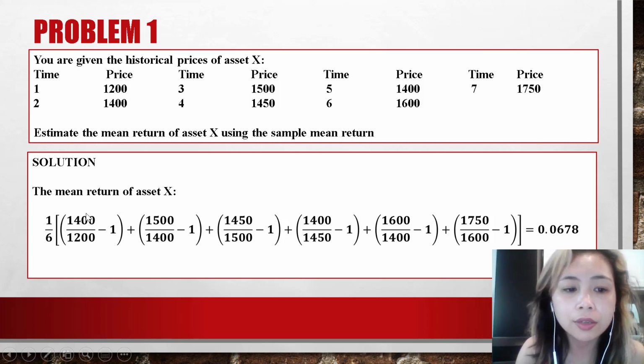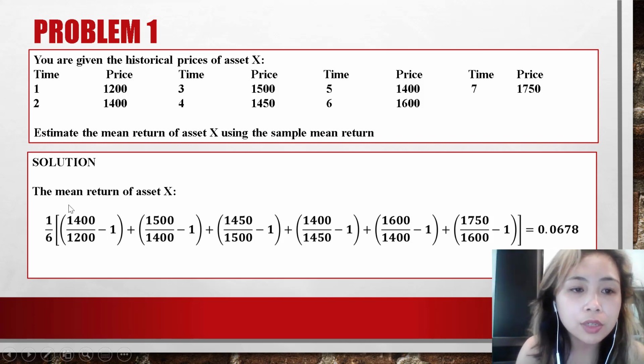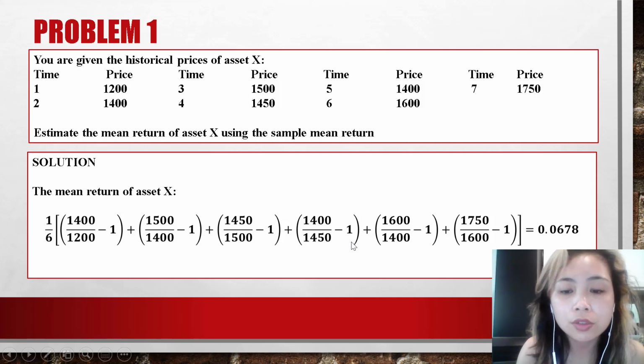I repeat, if you look at the parentheses, the first one is 1400 over 1200 minus 1. 1400 is the price at time 2, 1200 is the price at time 1. So the return of the first year is 1400 over 1200 minus 1, and similarly for the second year, third year, fourth year, fifth year, and sixth year.